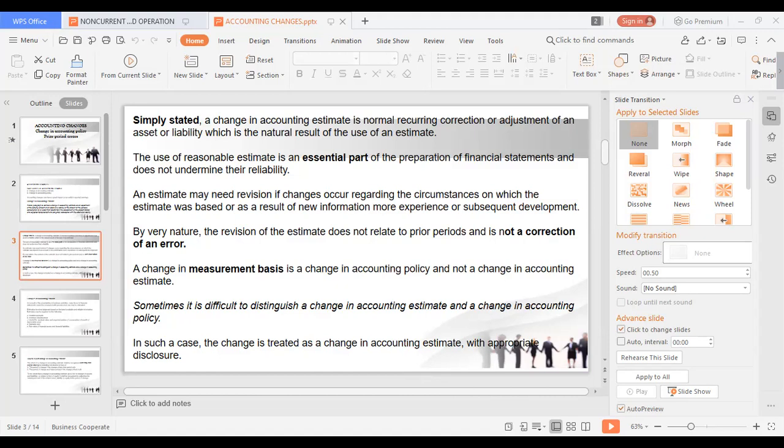So the accumulated depreciation on January 1, 2020 is 990,000 and the depreciation for 2020 is 1,650,000. We now deduct 240,000, that's the residual value, and we divide it only by 3 years.